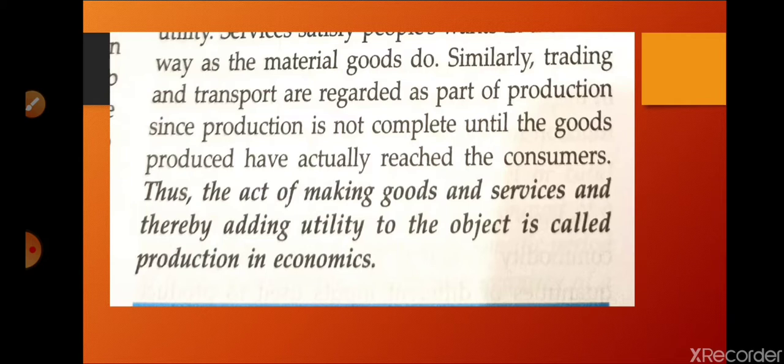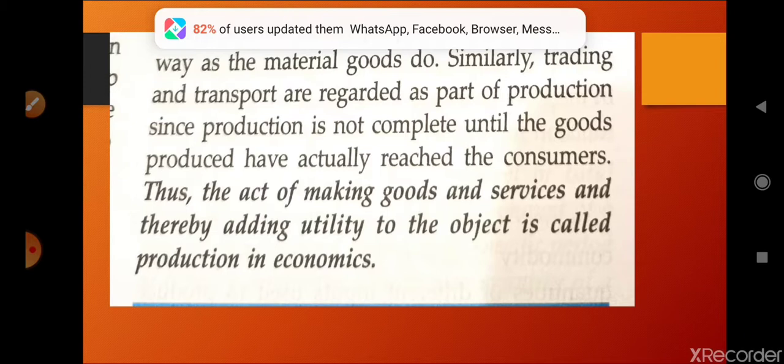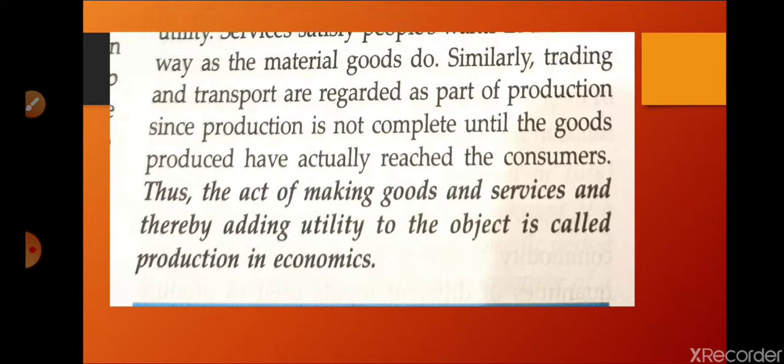So everything, whether goods or services, that has utility to the object is known as production in economics. When we add utility in the form of goods and services, it is known as production. So what is production? It is clear.